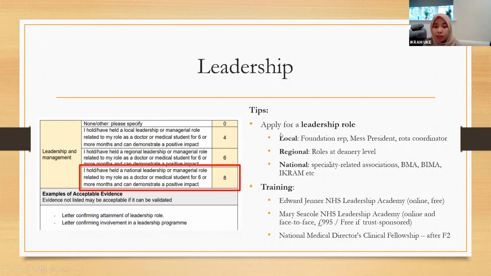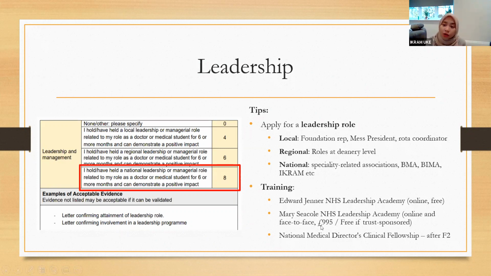Some tips are to apply for a leadership role. So find out anything available that you are interested in, whether it be locally, regionally, or nationally. And there's also training in leadership as well. I think some people might not know and might be interested in leadership. So there's Edward Jenner, which is online and free. There's Mary Seacole.